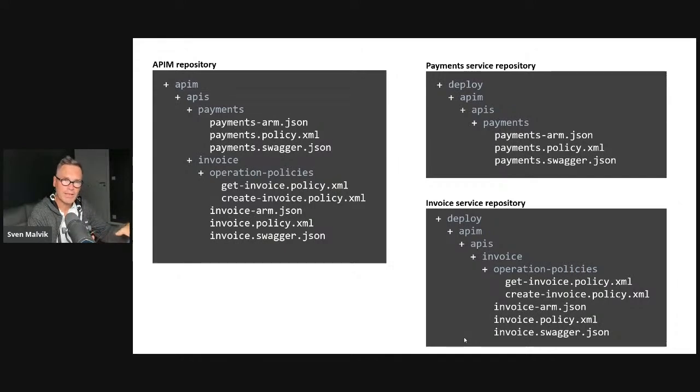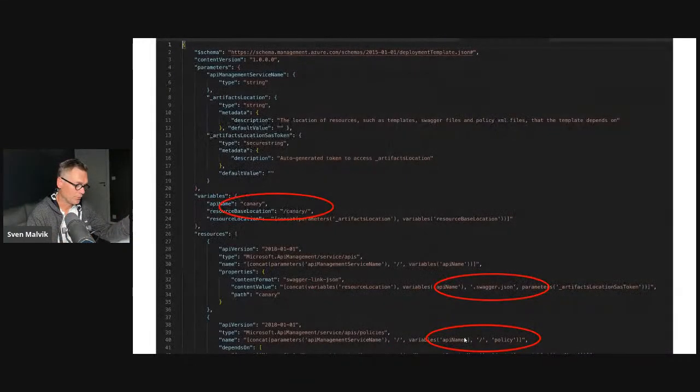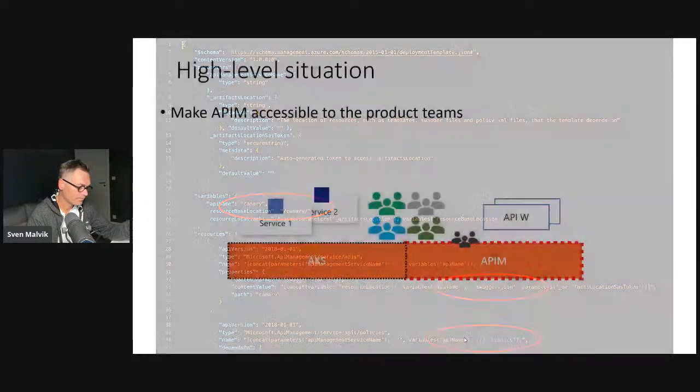But the ARM template is something we don't want to use, because ARM templates are very verbose. In an ARM template there are really just three pieces of information we want to spend time on: the name of the API, where the API is located, and the context path. All the rest is totally irrelevant.